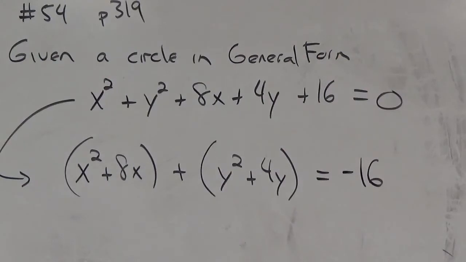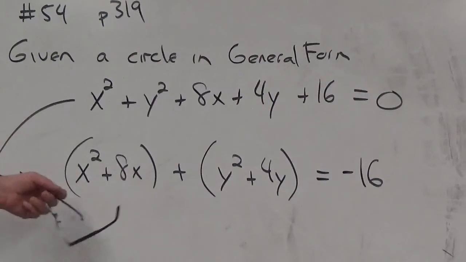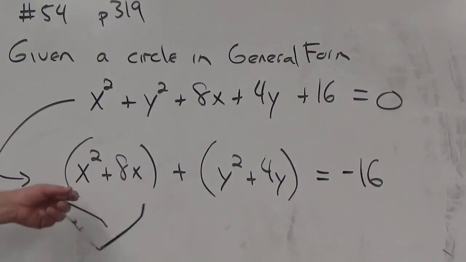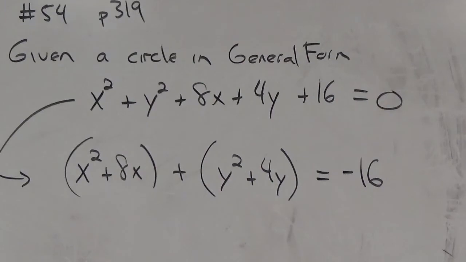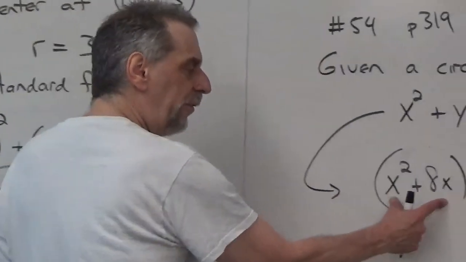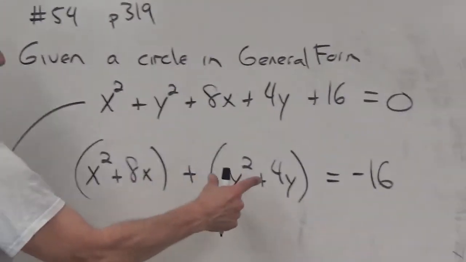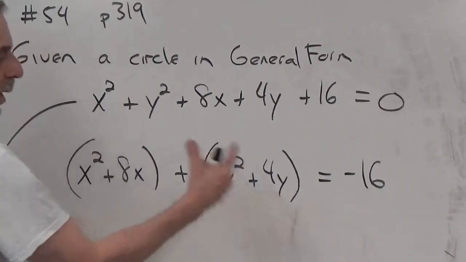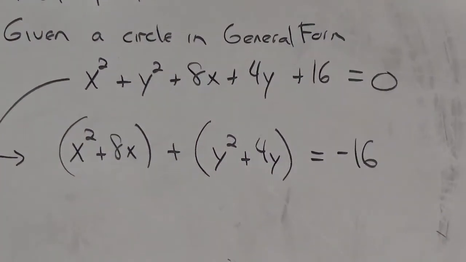All right, so notice what we're trying to do. We're trying to get to this, right? But these aren't squared. I mean, this is a quadratic expression, but we want a binomial squared, right? We need a binomial squared and a binomial squared. So we want to create a perfect square trinomial here and a perfect square trinomial here. And we know how to do that from chapter 3. Right?